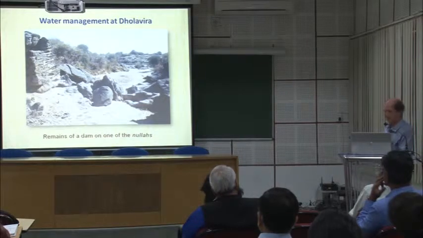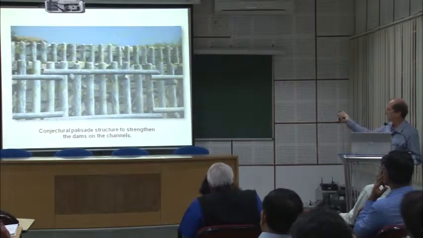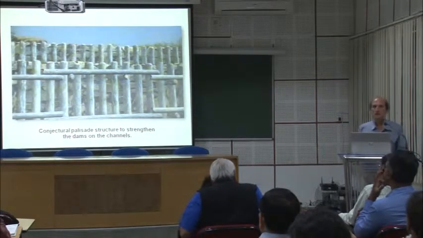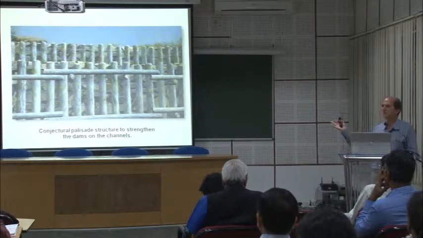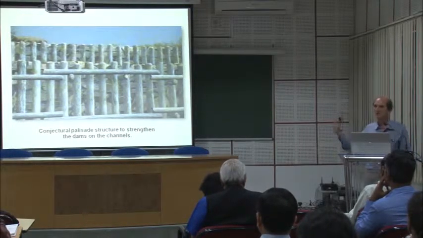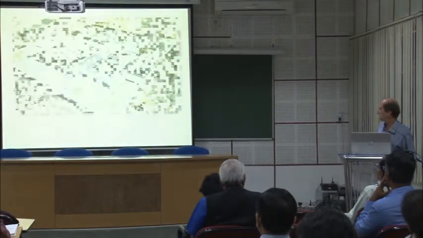And then the result would have been, of course, this is one possible design of reinforcement of the stone dams, but it is conjectural. I'm not even sure that they would have needed to reinforce if the dams were well built with stones, but anyway.